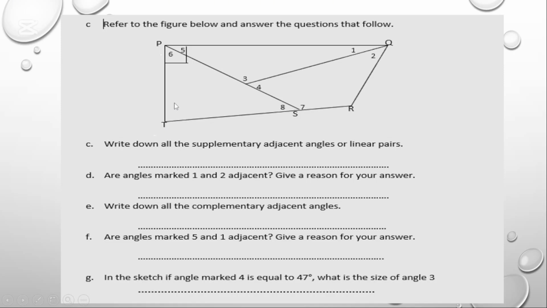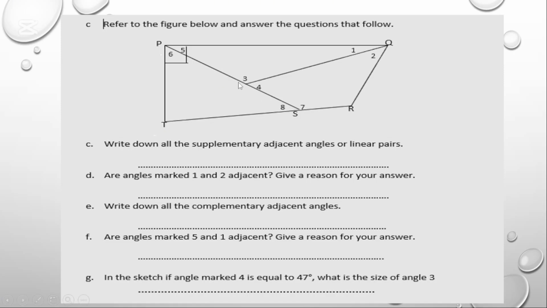Right, I only see one pair. Are angles marked 5 and 1 adjacent? And we can see immediately they are not. In the sketch, if angle marked 4 is equal to 47, what is the size of angle 3?